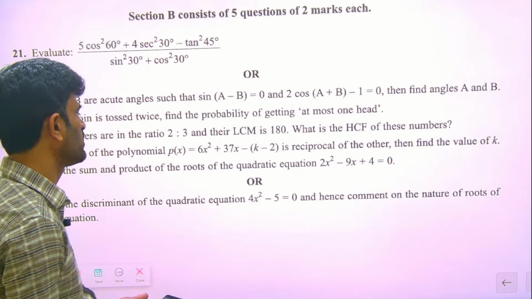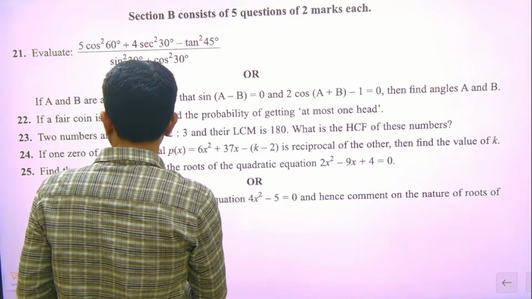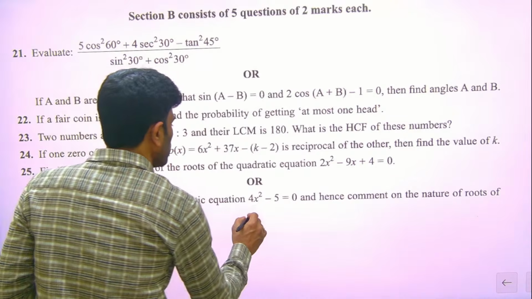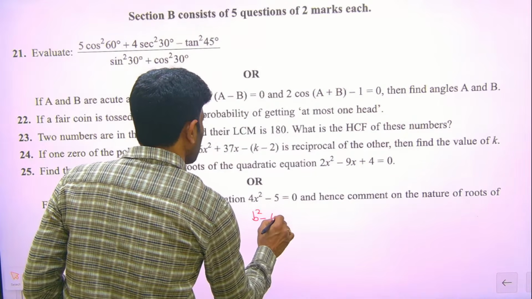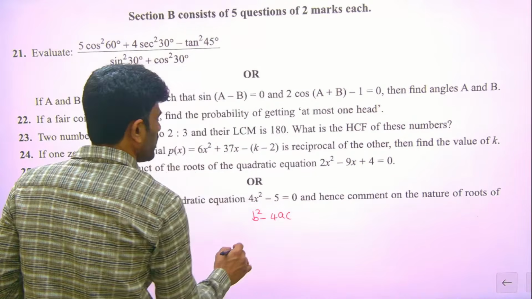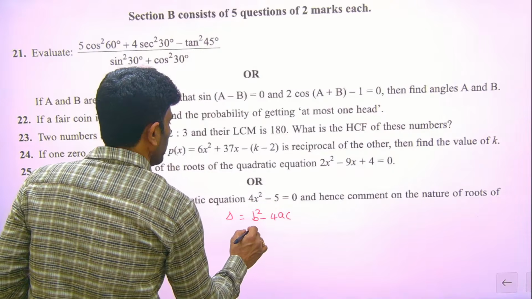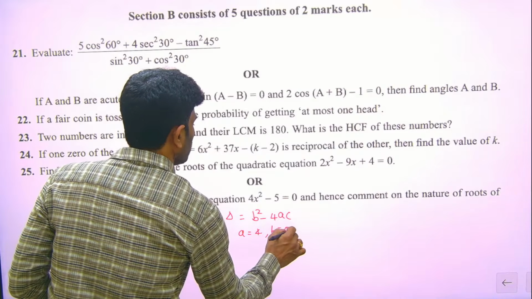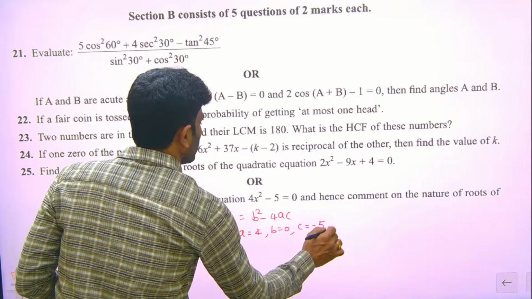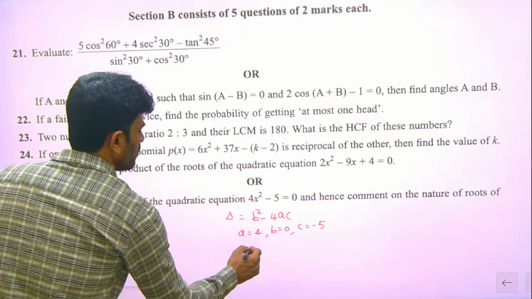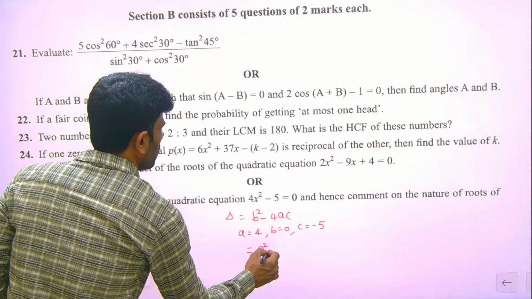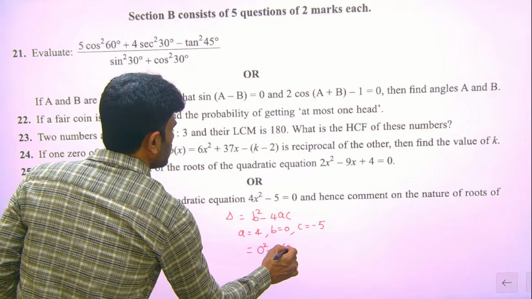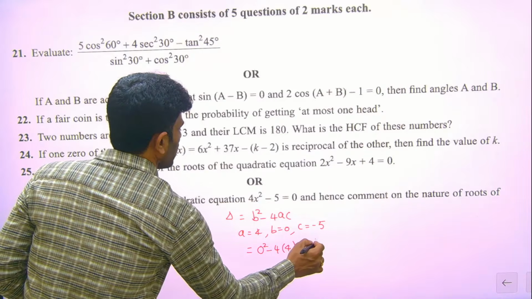4x square minus 5 is equal to 0. We have to find out the discriminant. What is the discriminant formula? b square minus 4ac. Here what is a? a is equal to 4. b is equal to 0. c is equal to minus 5. You have to substitute here. 0 square minus 4 into a, which is 4, c is minus 5.